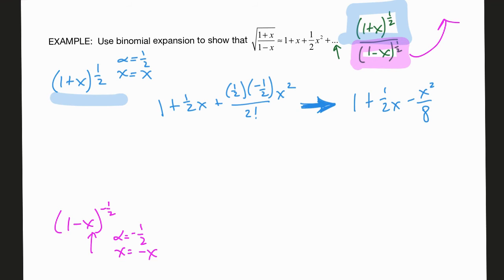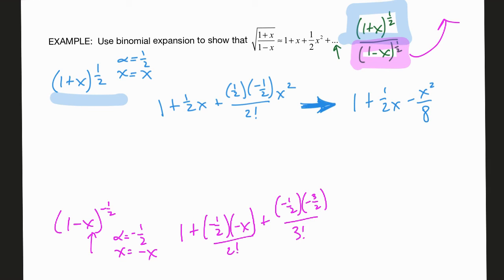Okay, now the one in pink, it's the same formula, right? Still the same formula, and I have 1 plus, and then I have to multiply these two things together, negative 1/2 times negative x, plus alpha times alpha minus 1. Oh, I also forgot the 2 factorial.